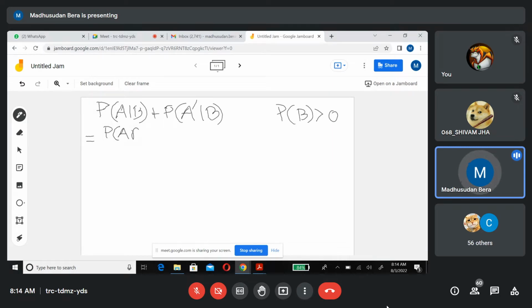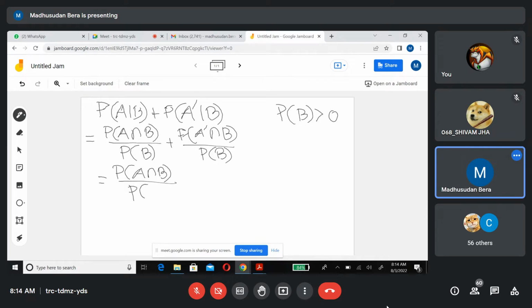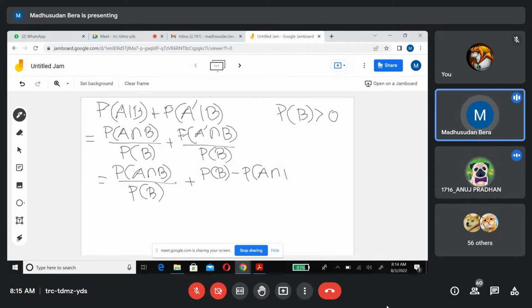By definition, P of A given B is the probability of their intersection by P of B. In the same way, P of A dash intersection B by P of B. Now this is P of A intersection B by P of B. From B we are removing A, so this will be P of B minus P of A intersection B. Now two terms cancel, and P of B by P of B is 1.